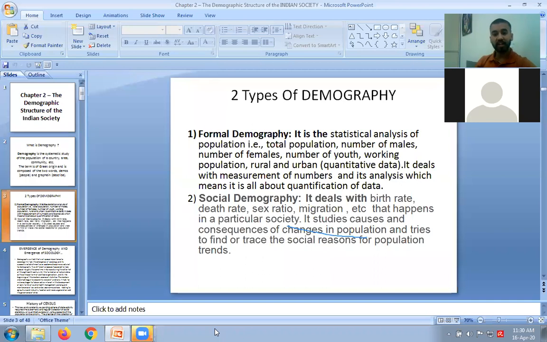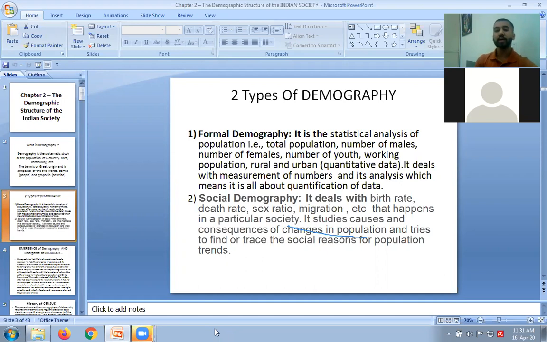the statistical analysis of population, right? That is total population, number of males, number of females, number of youth, working population, rural and urban population, and all that. So it is all about collecting data, right? It is of quantitative nature.